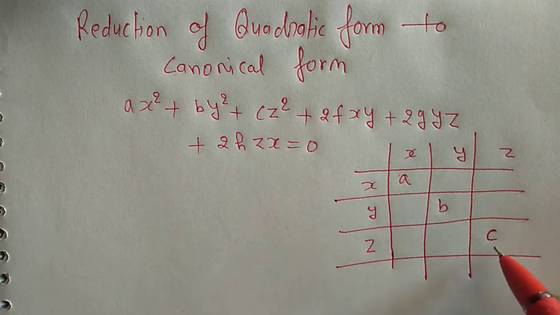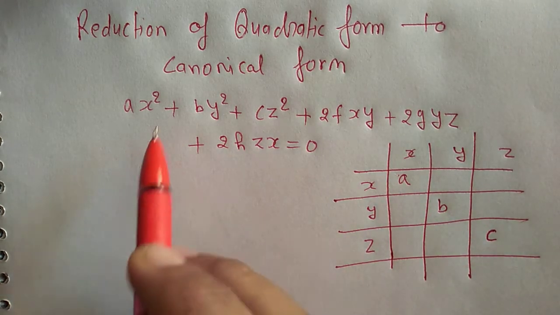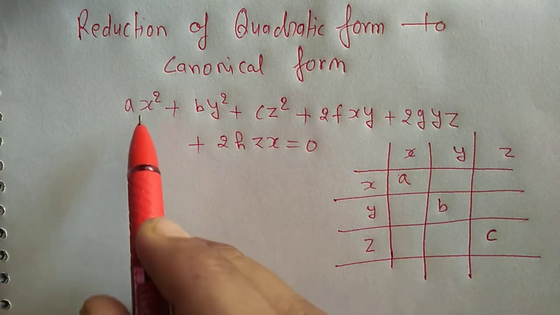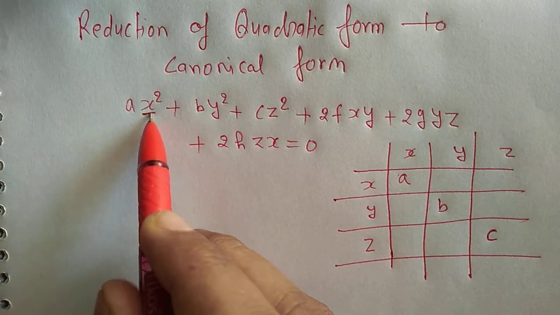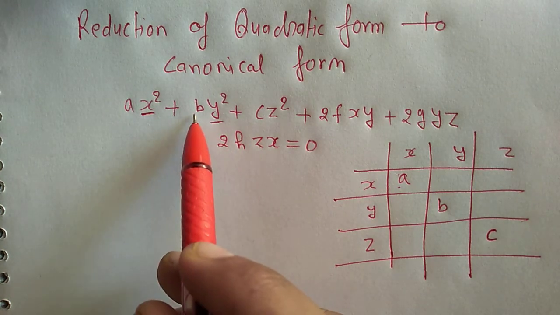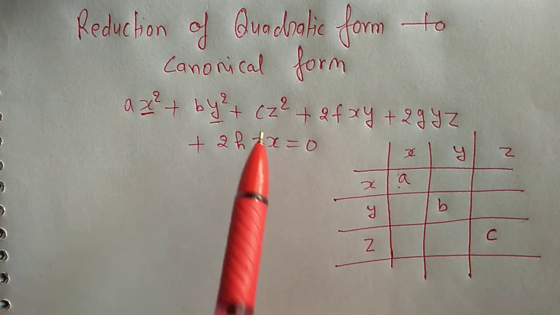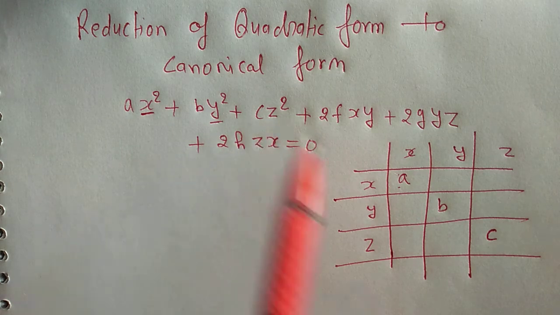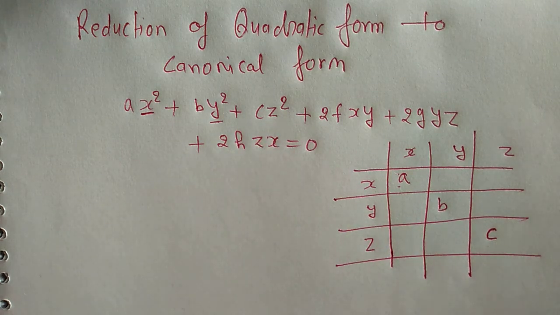So the diagonal elements are simply the coefficients of the square terms: the coefficient of x square is the first diagonal element, the coefficient of y square is the second, and the coefficient of z square is the third.